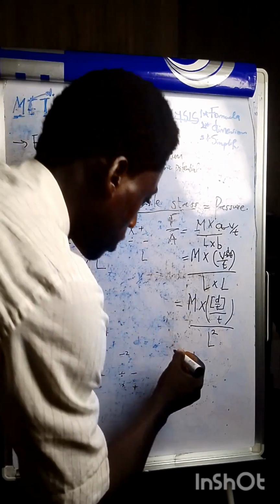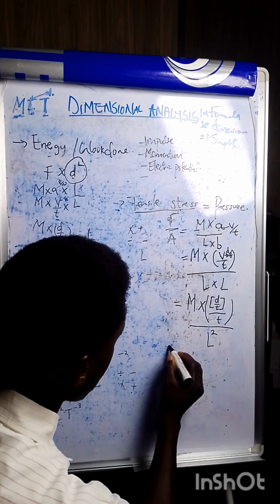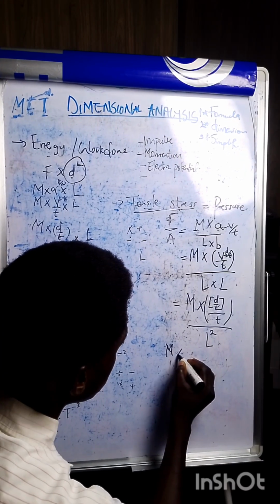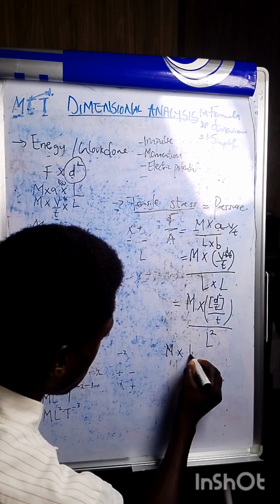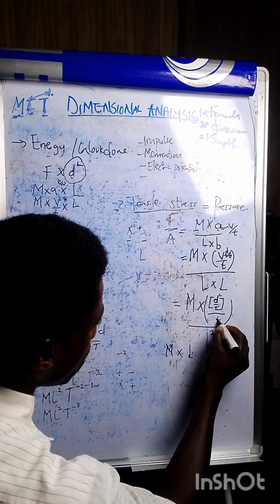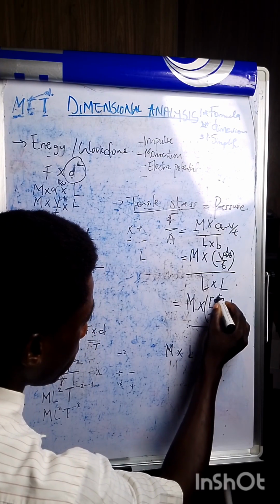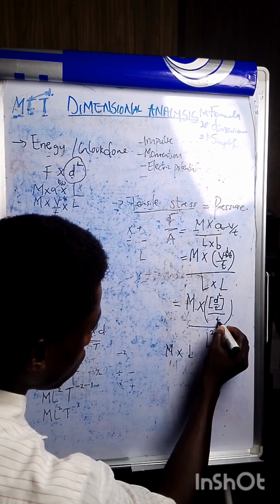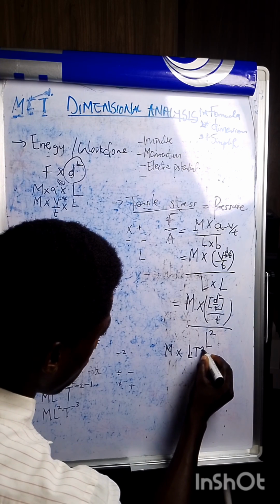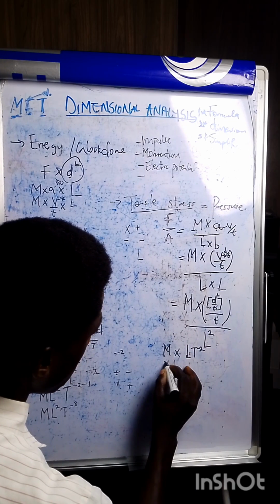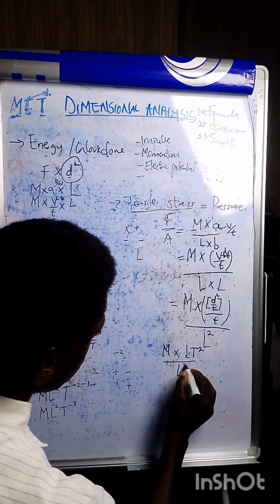Are you with me? So now, let's continue resolving. We have our M multiplied by this. I told you your D is represented by L under dimension. Then if this T is actually going to come and meet the L, what will it become? That's L to the power minus 2 over time. Are you with me? Then divided by your L squared.